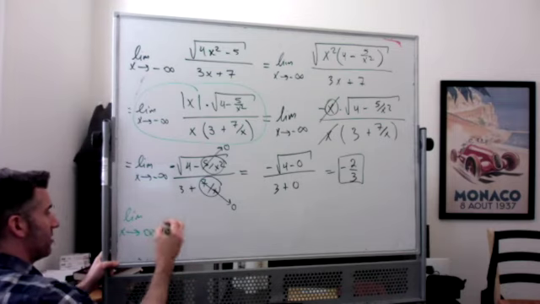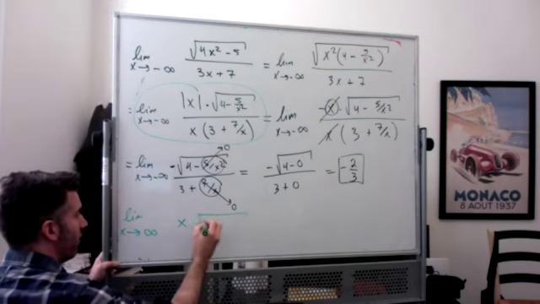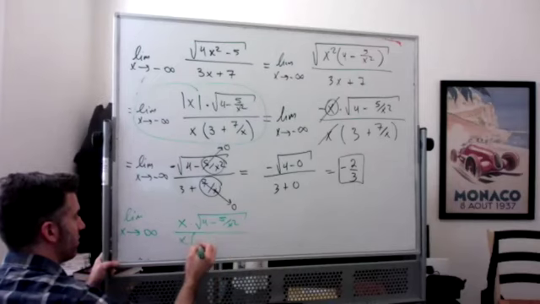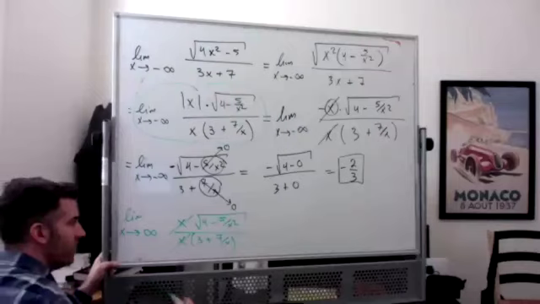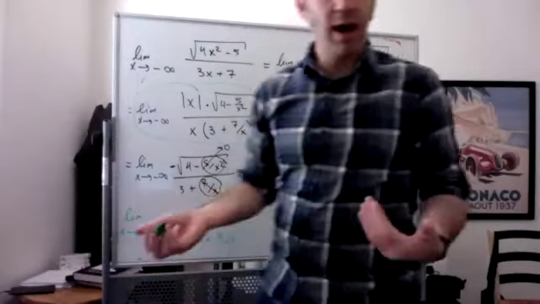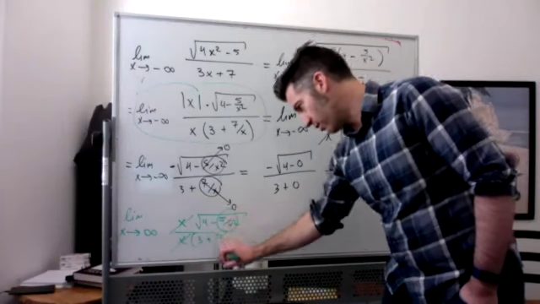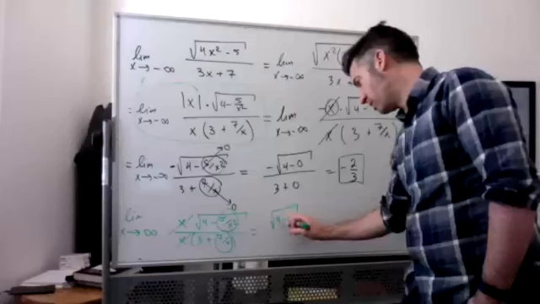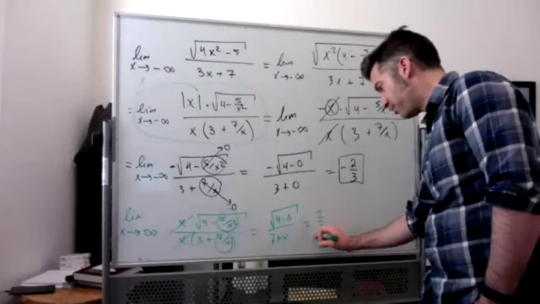So the x's cancel, and here we end up getting a positive 2 on top, right? We plug in infinity, this part goes to 0, this part goes to 0. We get the square root of 4 minus 0 over 3 plus 0, which is 2/3.